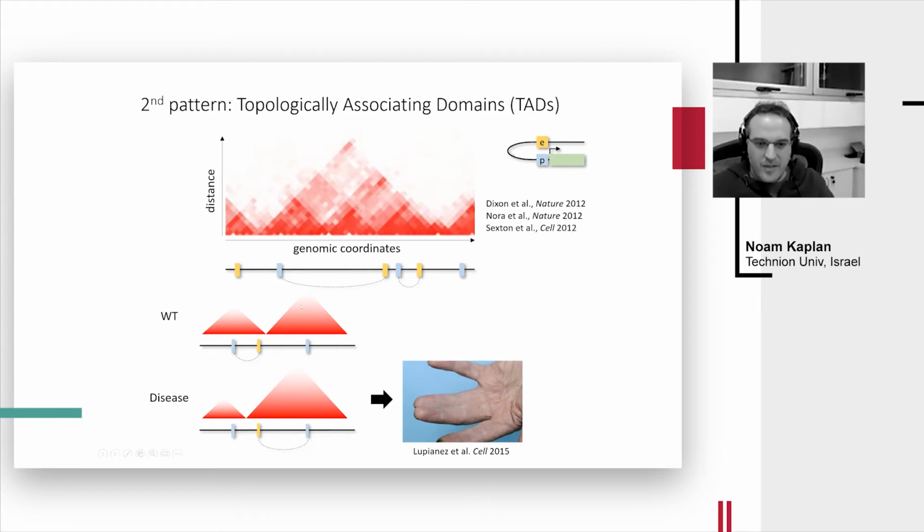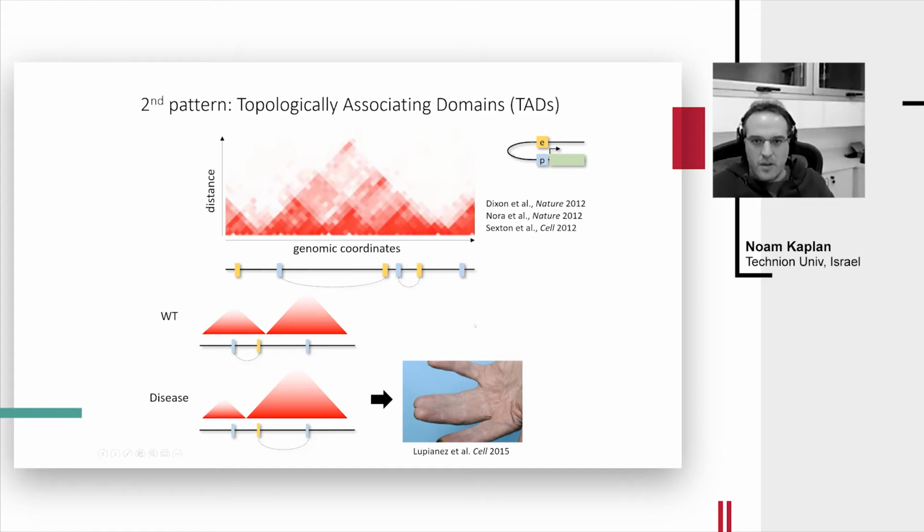But I would say the classical view is that, for example, in wild type, you might have a situation where an enhancer regulates some promoter which is in the same domain, but now in a disease or a different condition, if this domain changes, this can change the regulation, and it changes basically the fundamental rule that you might want to interact with whoever is closest on the genome. Okay, so this is a way to break this rule, for example.